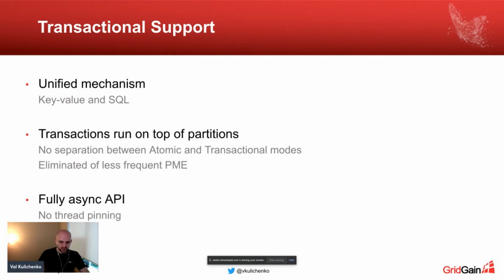So you cannot really do asynchronous transactional processing. In Ignite 3, that's going to change, and the API will be fully asynchronous. You just create a transaction, and then you can enlist an operation into that transaction anywhere in the system, by any thread that you have in your application.